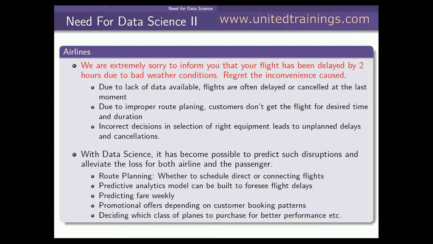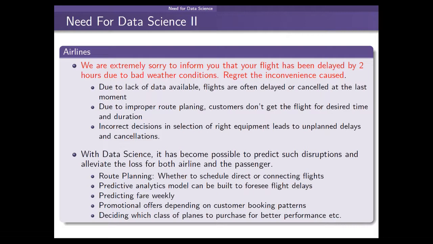If we apply data science, the particular airline can make very clever decisions, and it is going to make life easier for both the airlines and the passengers. The advantages here are route planning, that means whether to schedule a direct flight or a connecting flight.